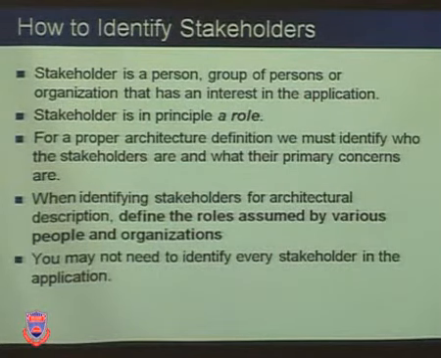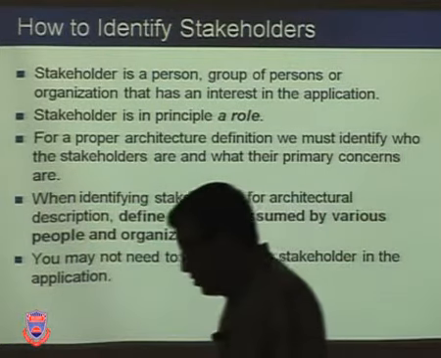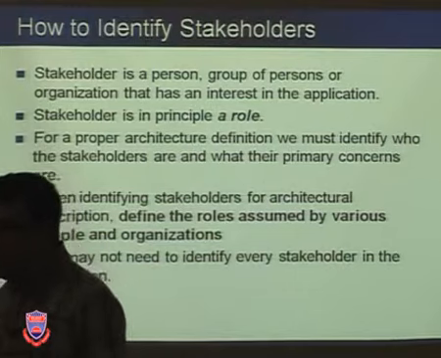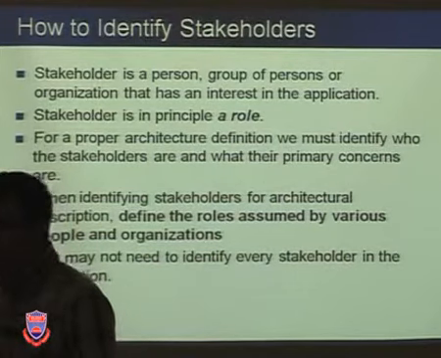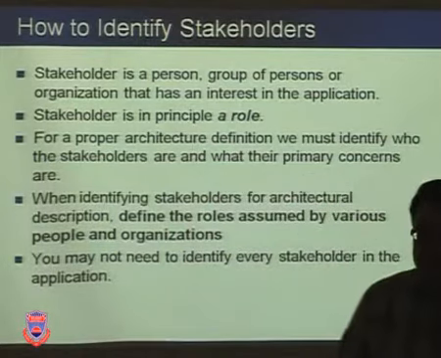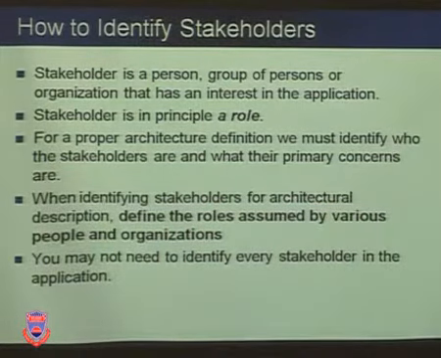So how to identify stakeholders? It's not an easy process, but you should think basically from a role perspective. I have some system. What are the roles played in this system? It's not necessarily a physical person, but a role.